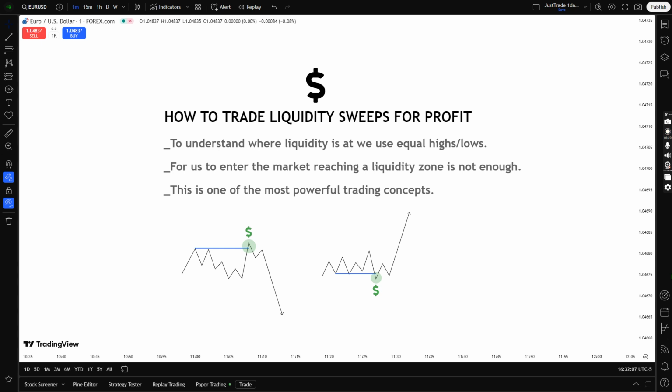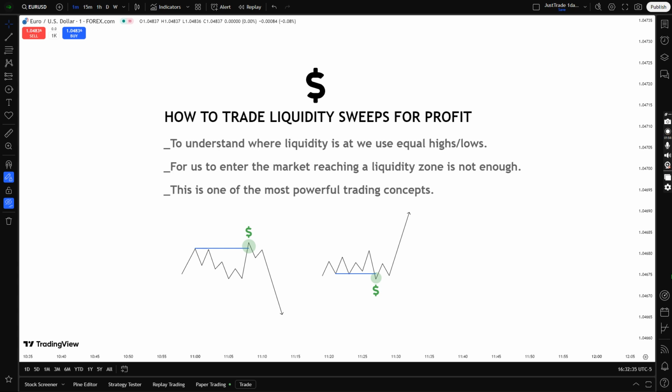So, is it enough for us to enter the market when price reaches the liquidity level? No, that's not enough, because it might just break it and keep going. So we want it to reach the level, retrace back down, create a short-term low, go down, break that with strength, retest, and at the retest, that's when we enter short.